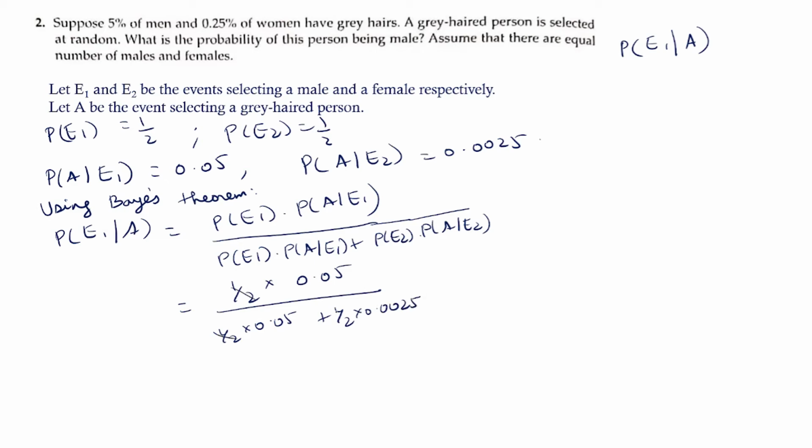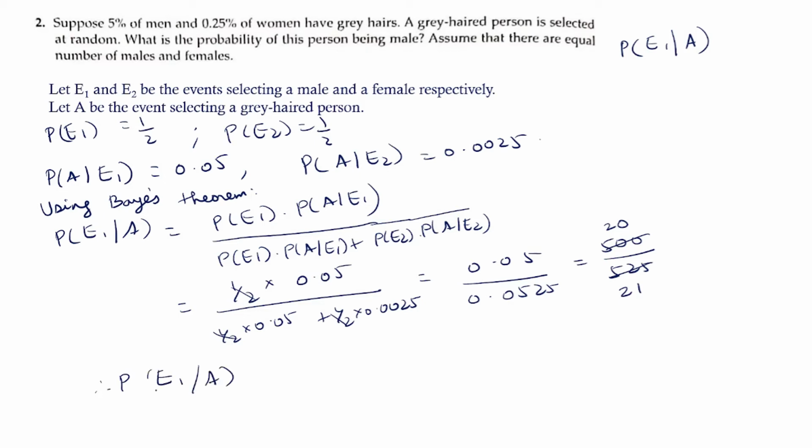So the half will cancel out. So we have 0.05 upon 0.0525, or this is 500 upon 525. If we divide it by 25, we get 20 upon 21. Therefore, probability of E1 given A is equal to 20 by 21.